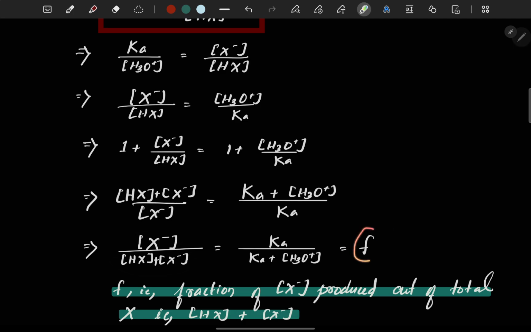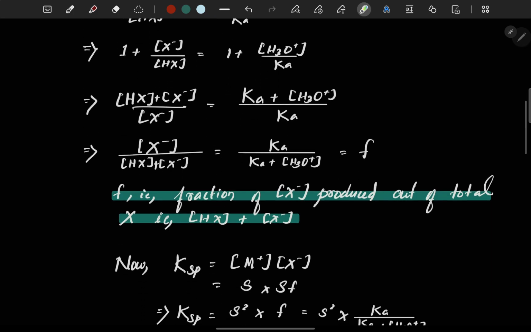So this F represents the fraction of X present as X− out of the total amount of X, that is HX plus X−. So now Ksp is equal to, we know, the concentration of M+ and the concentration of X−.